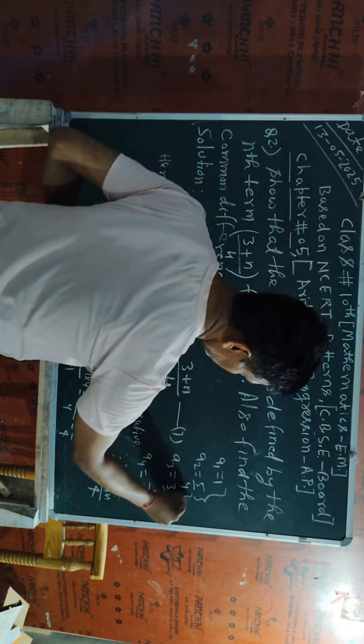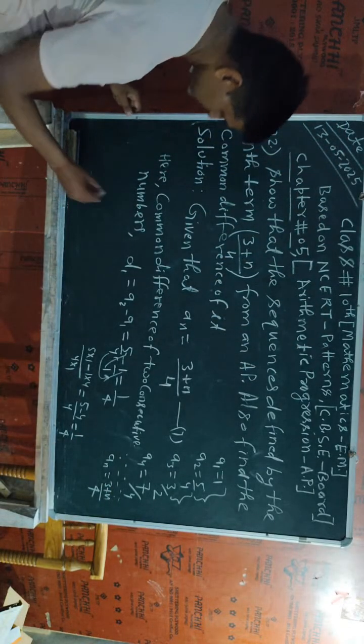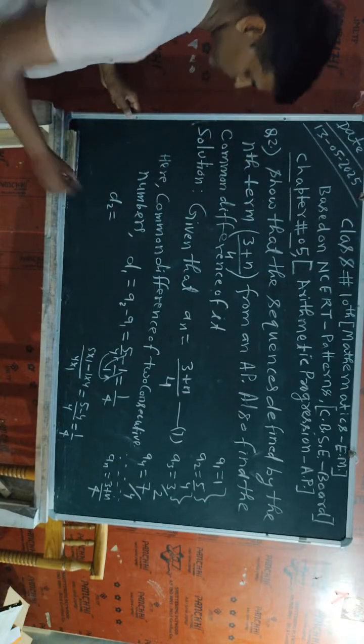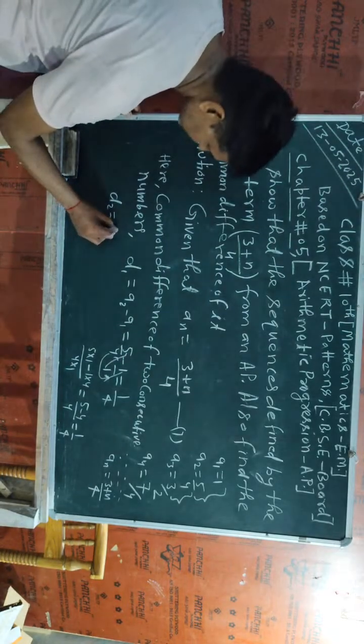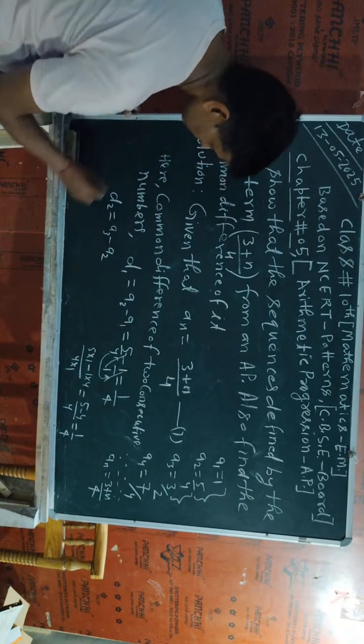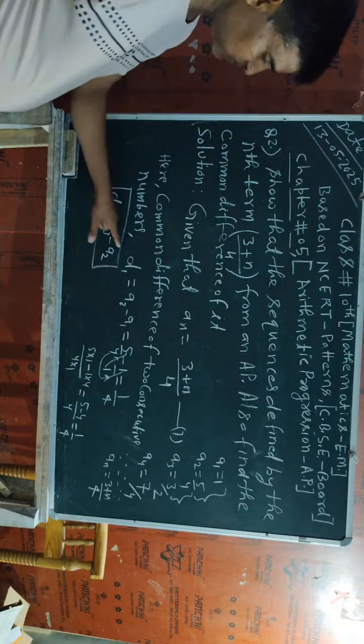Now further I am going to take the next two consecutive numbers, so I will write the common difference of the other two consecutive numbers. So D2 will be A3 minus A2. This is the formula and students have to remember it: second term minus first term.